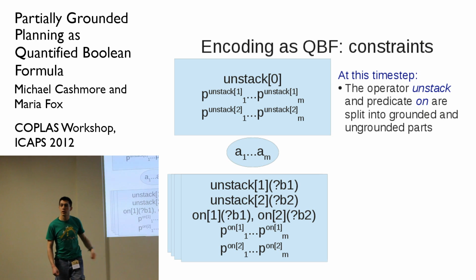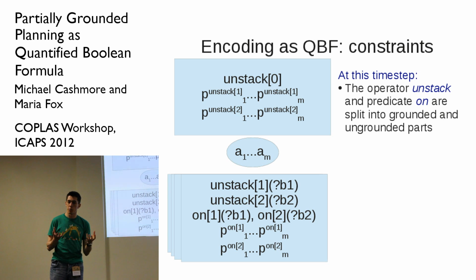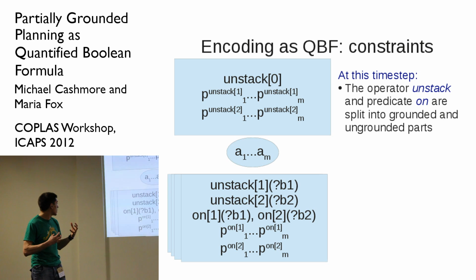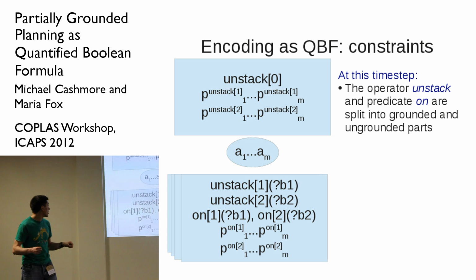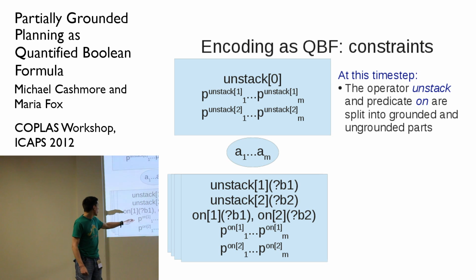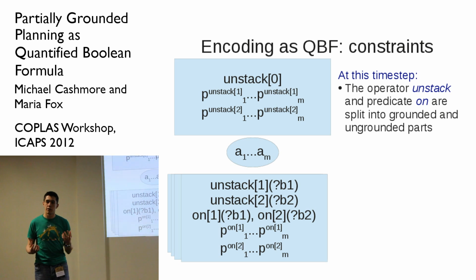So we only have 1 unstack 1 and 1 unstack 2 operator, but those will be given a different assignment for every action that might be performed with that state. We also split the on predicate and stick that to the ungrounded, so that those 2 variables there represent the on fact for every block.